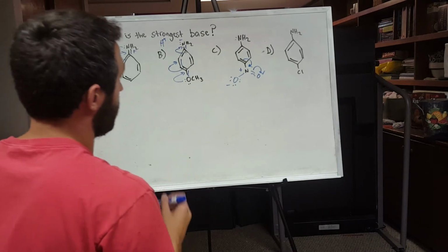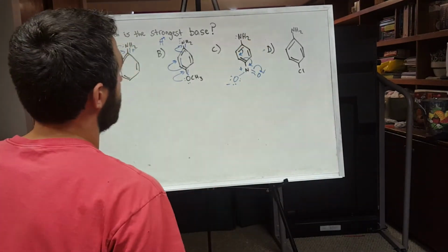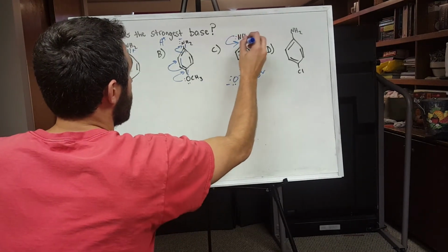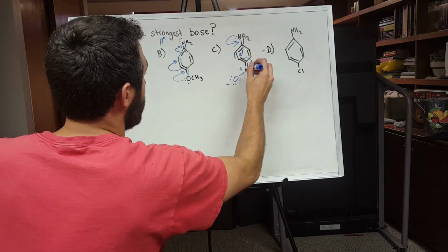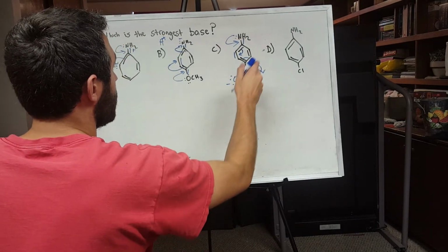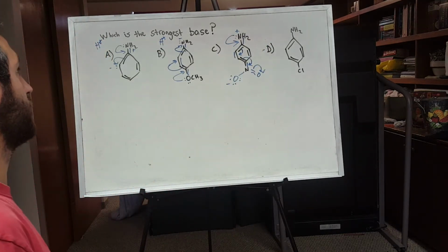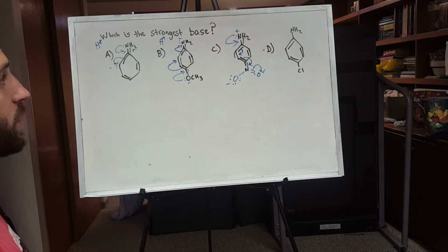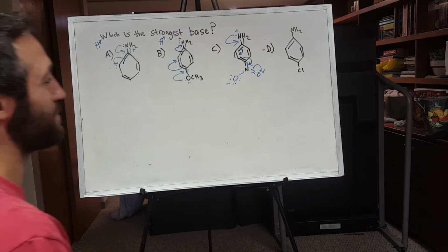Then after we do that, we could go here and here. So we added a double bond here, here, here. We got rid of this positive charge and we added a positive charge here to that resonance. So that's not going to want to pick up a proton that badly.